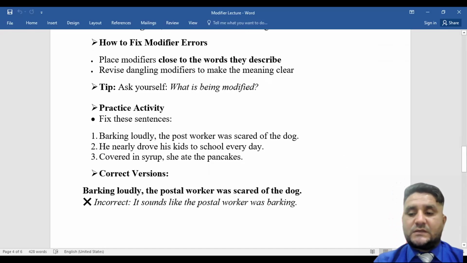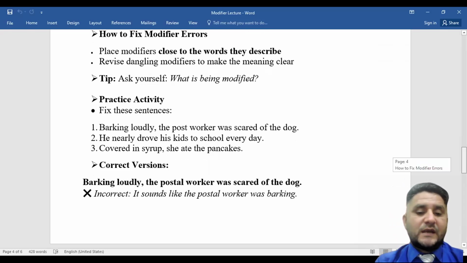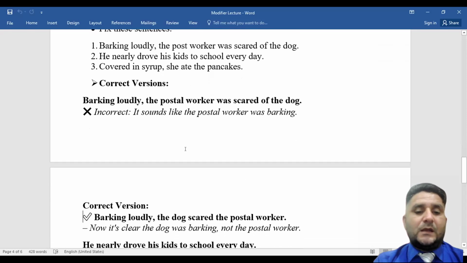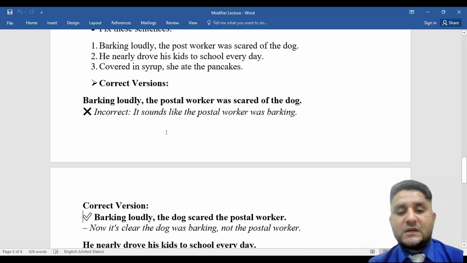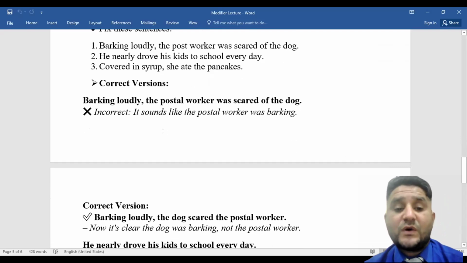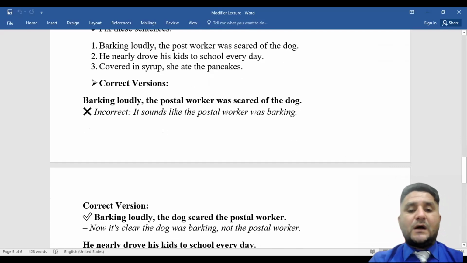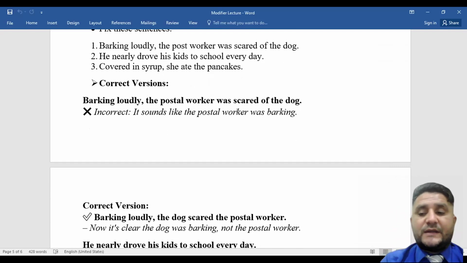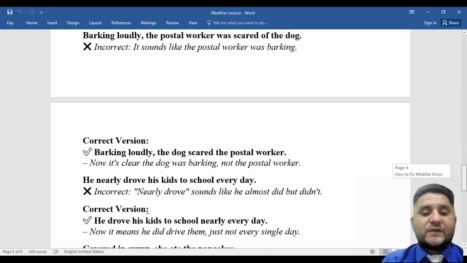Let's understand the correct versions. Barking loudly, the postal worker was scared of the dog. That's incorrect because it seems as if the postal worker was barking, due to the misplaced modifier. The correct version is: barking loudly, the dog scared the postal worker.